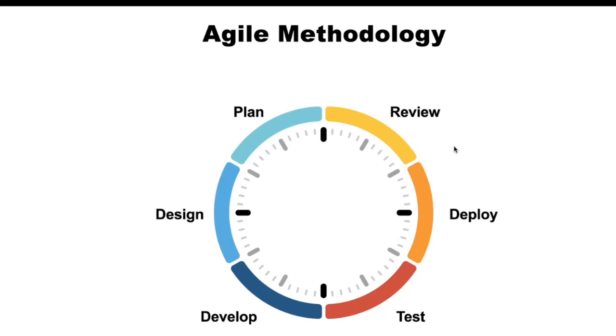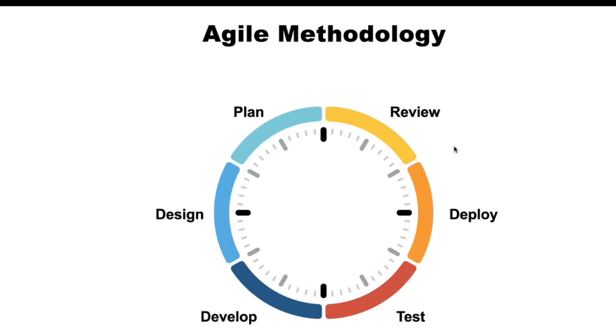In planning, you will gather the requirements. In the design phase, you will understand the software and hardware requirements. In development, you will do the application development. In testing, you will check whether test cases are passing or failing after building the application.